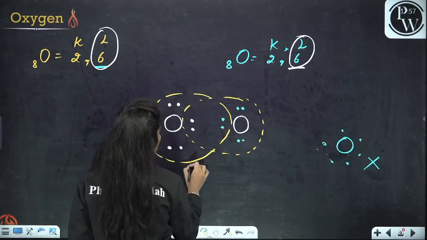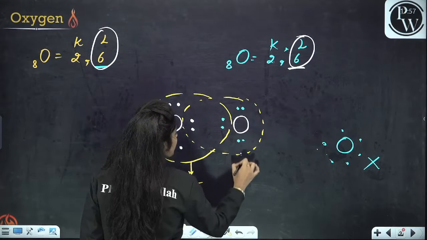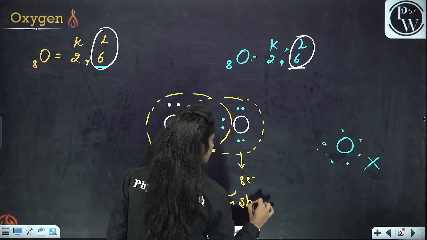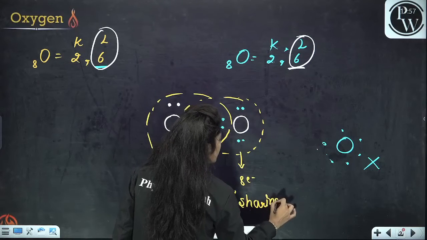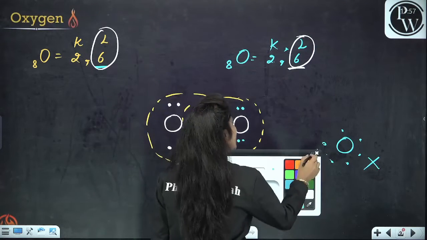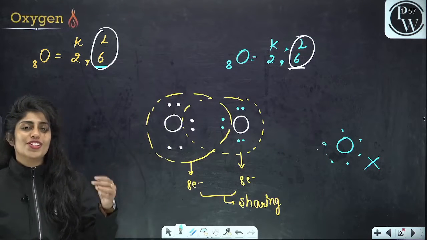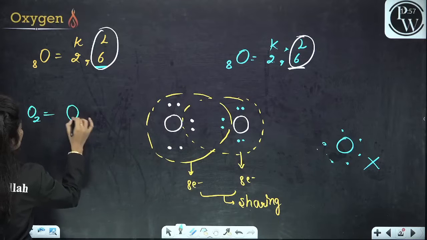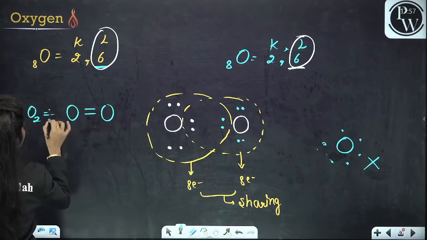So basically both the oxygens are carrying 8 electrons when they are sharing. So how many bonds can I form here between the 2 oxygens? So the O2 molecule has 2 covalent bonds.